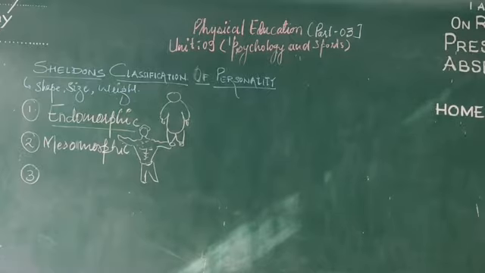Now if I'm telling you about physical fitness activity, I basically mean what? I want to tell you students that if someone is mesomorphic, it means they are almost good in all kinds of activity, as their physical fitness index is good. And what are the different physical fitness components?